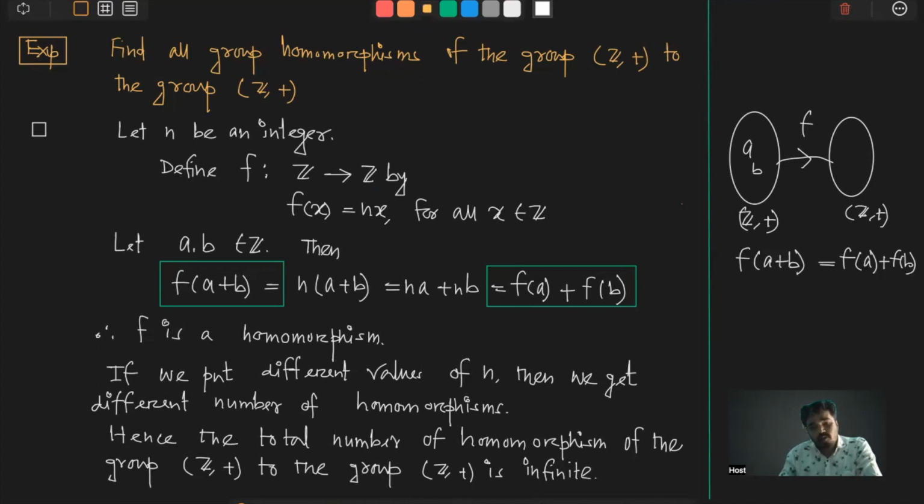So the number of homomorphisms from the group Z to Z is infinite. Clear?